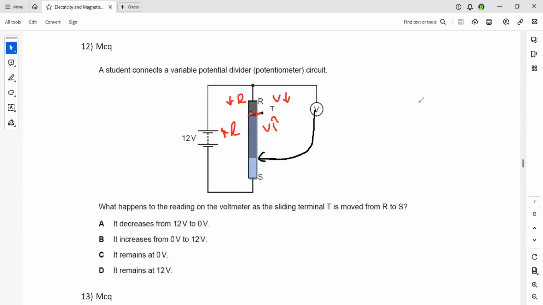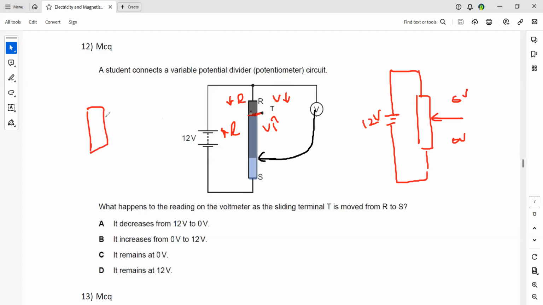That will also increase. So the voltage division depends on the part of the component we are using. If you have a 12 volt supply and the sliding contact is exactly in the center, this will be 6 volt and this will be 6 volt. But if the sliding contact is near the top, this part does not have any resistance, so that will be 0 volts.